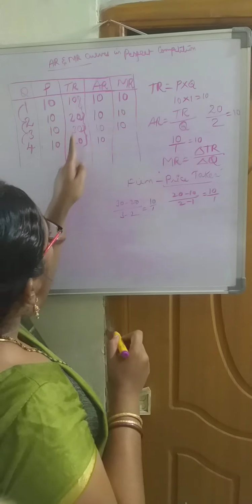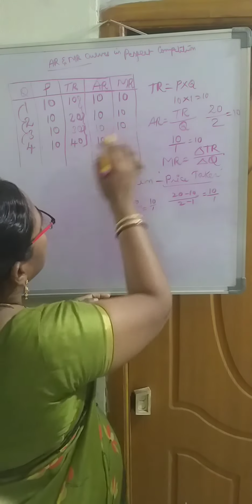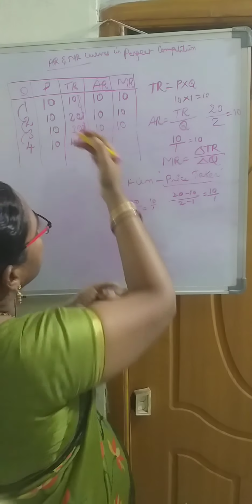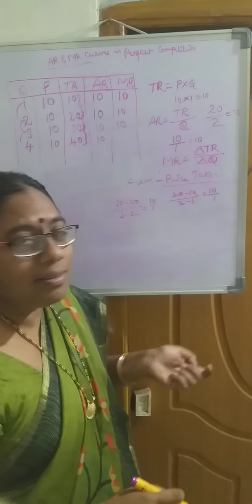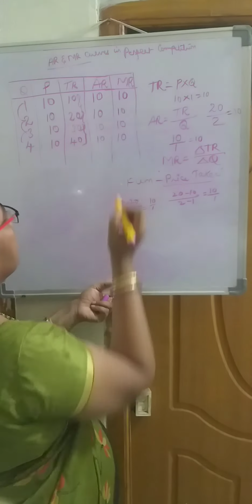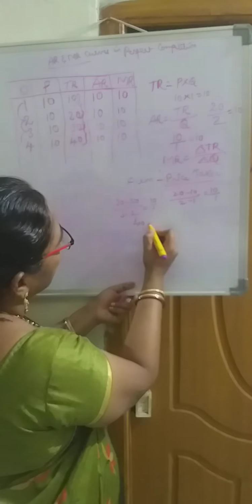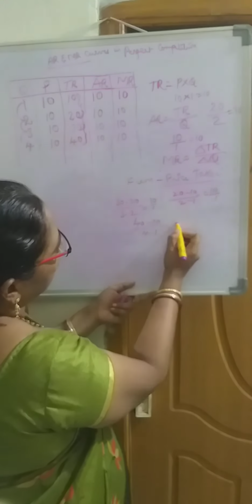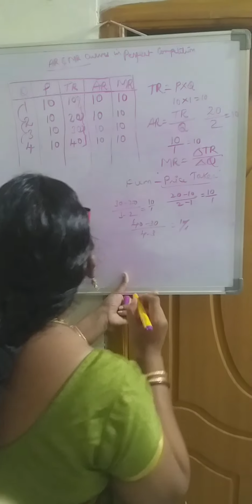For the 4th unit, total revenue is 40, but the 4th unit marginal revenue is the extra revenue that the producer gets by selling an additional fourth unit, which is again 10. How? 40 minus 30 by 4 minus 3, that is equal to 10 by 1, or 10.